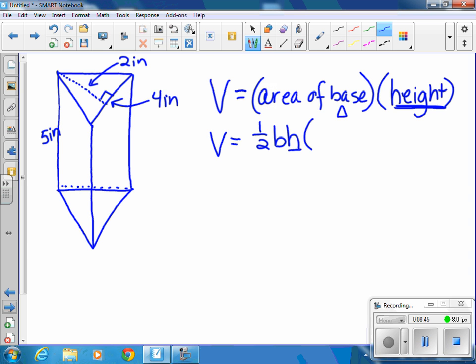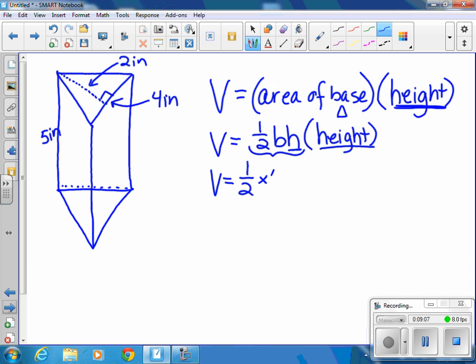So I'm actually going to still write out this word again, height, because I want to remember that this height here that I'm talking about is the height of my entire prism. So I'm going to plug in my numbers, and then I can solve from there. Remember, this part here is the area of the base, which is half base times height. So I've got half still, times the base.